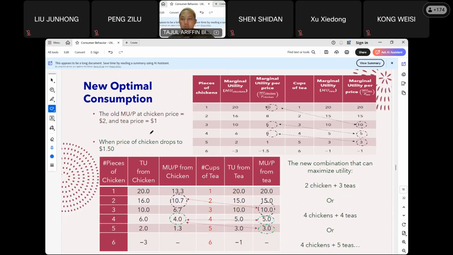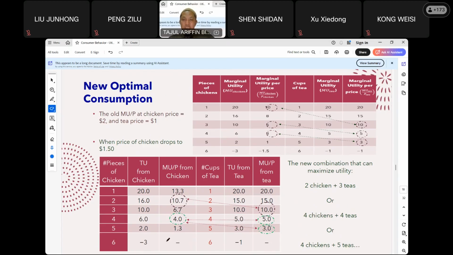Normally we recalculate mu over p for every layer, for every piece. So the second example shows you cannot match an equal figure. Here 20, 15, 10, 5, 3, but here only 13, 10.7, 6.7, 4.0, and 1. None of them are equal.